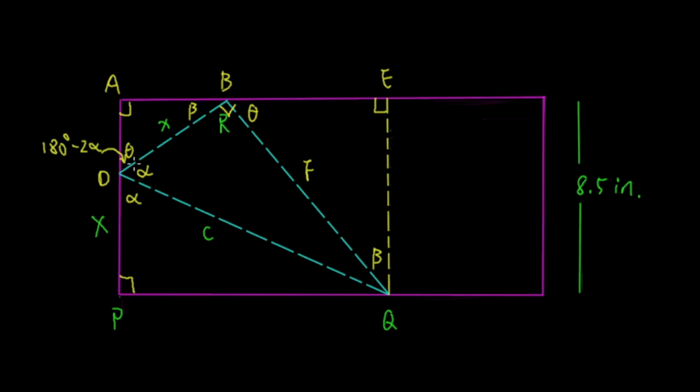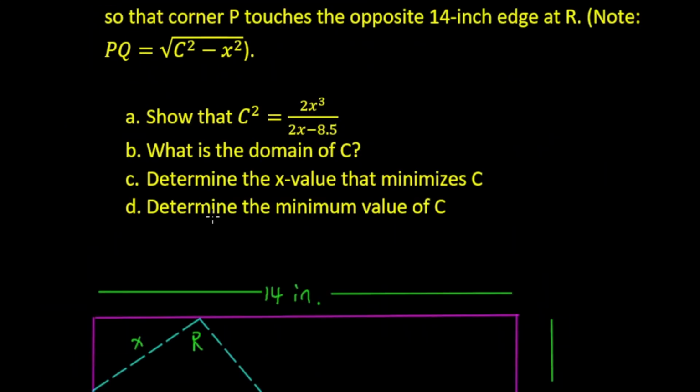Okay, this is a right triangle. That's a 90-degree angle. So we know that c squared is equal to x squared plus f squared. So we want to find f in terms of x, because we want to show that c squared is equal to something in terms of x, right?